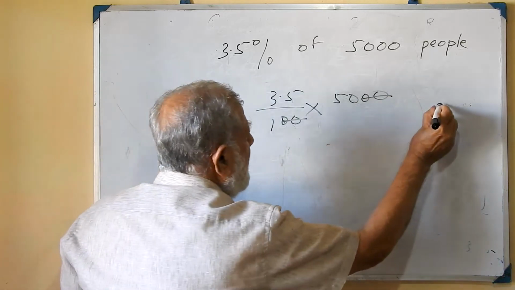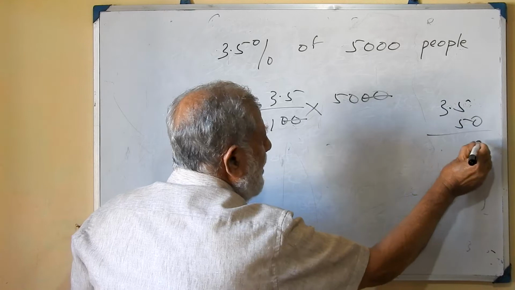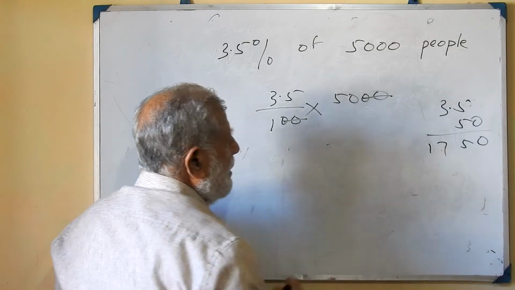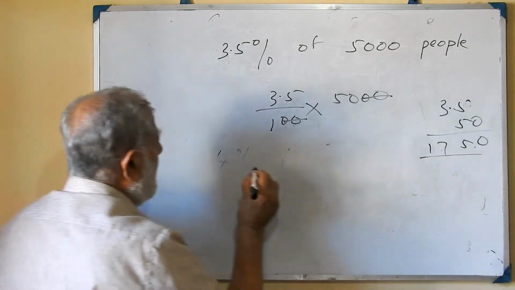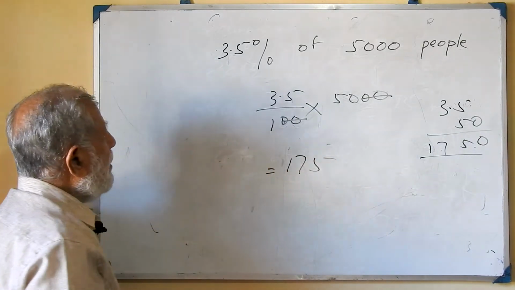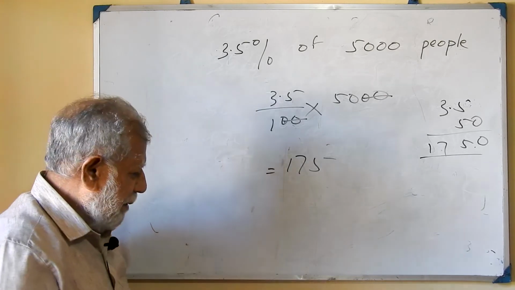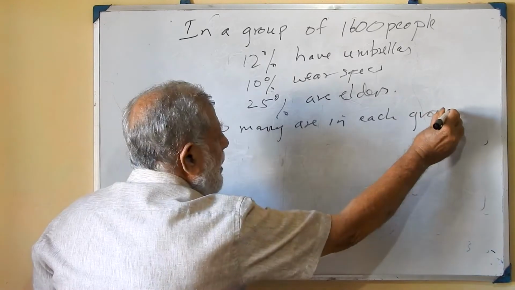So 3.5 into 50. You have to be careful. We learned how to multiply. So one decimal here. So that is equal to 175. So 3.5% of 5,000 people comes to 175 people. Okay. Then one more sum we will do in this section.